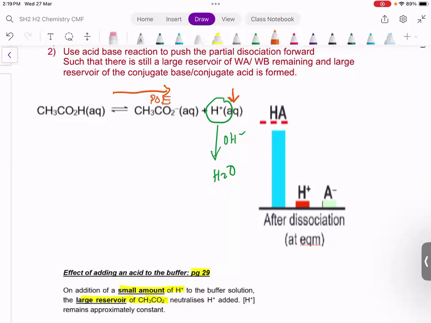So this drop over here will be partially offset by LCP. According to LCP, the position of equilibrium will shift forward. So what does it mean? This will go up, while this has dropped, but it will only be partially offset. Let me do it step by step.